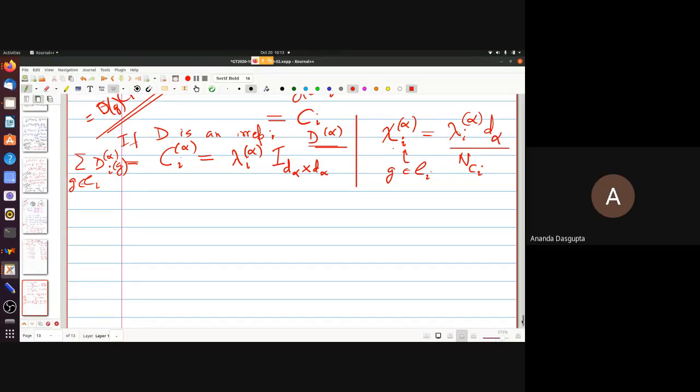But now comes the real question. All this hinges on being given a representation and then going ahead with it. Of course, the representation that's given to me may not be an irrep, in which case I don't get a multiple of the identity, I don't get the lambda, then it doesn't really help me in any way.